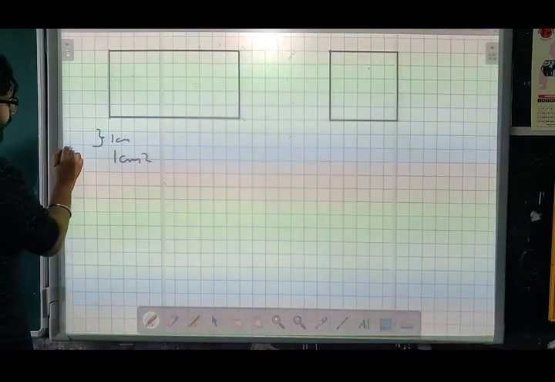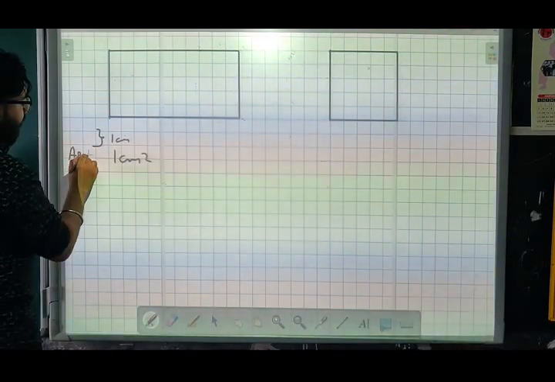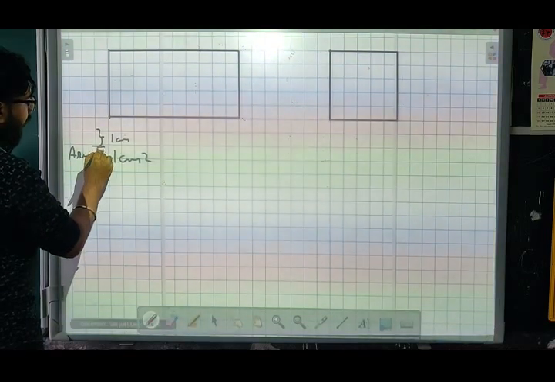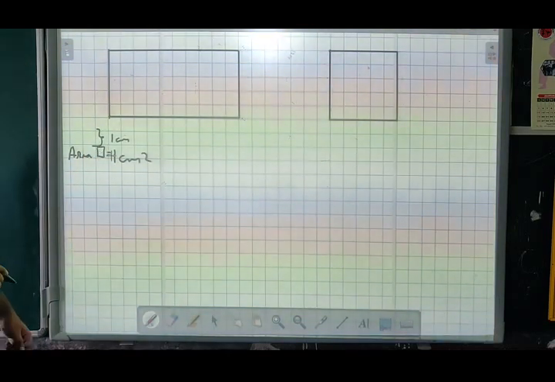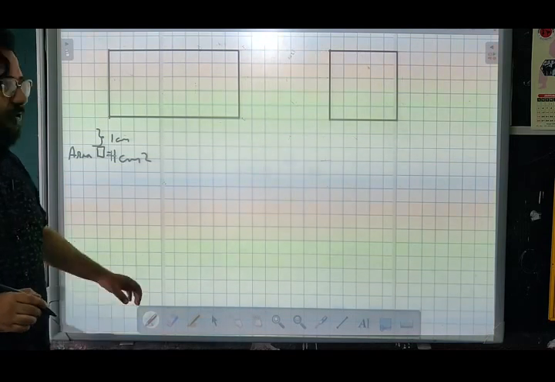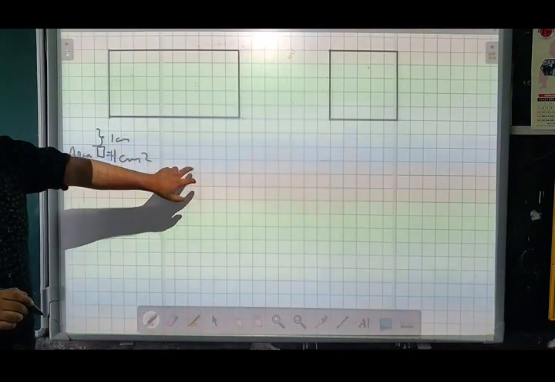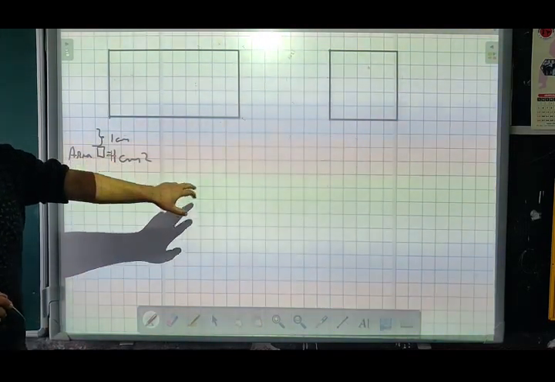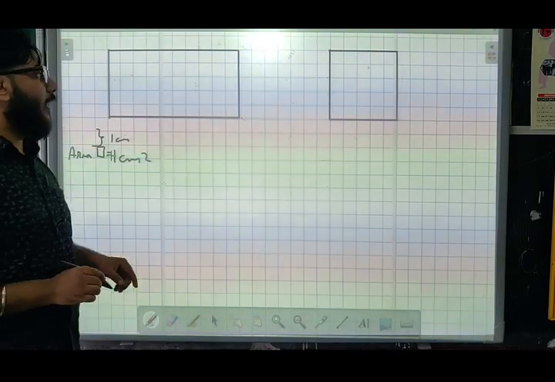So the area of the box will be 1 centimeter square. Just remember that each box has an area of 1 centimeter square.